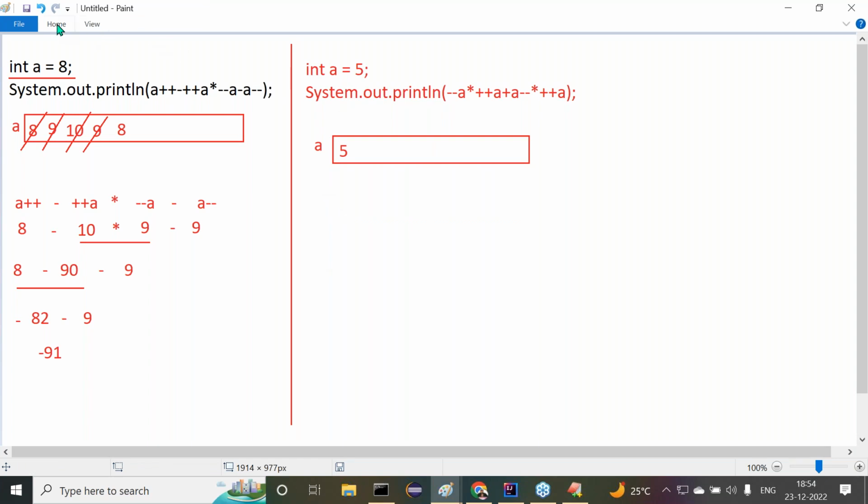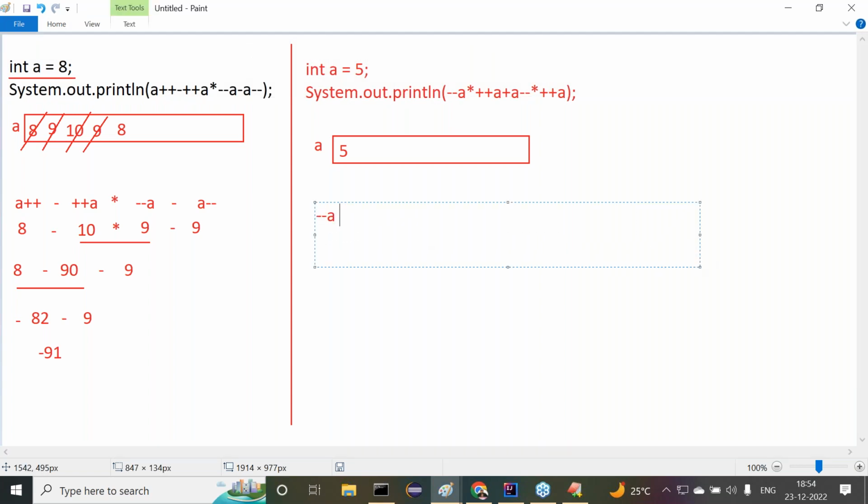Now the expression here we have to take is --a * ++a + a-- * ++a.